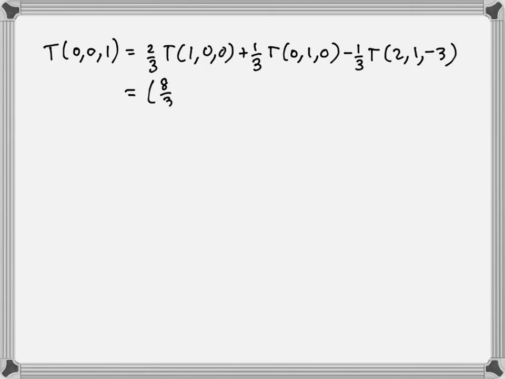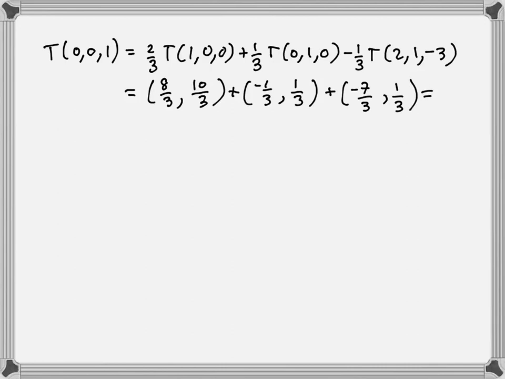We get (8/3, 10/3) from the first one. The second one is (-1/3, 1/3). And the last one is (-7/3, 1/3). And this is equal to (0, 4). So all of this work was to figure out that T of E3 is equal to (0, 4).